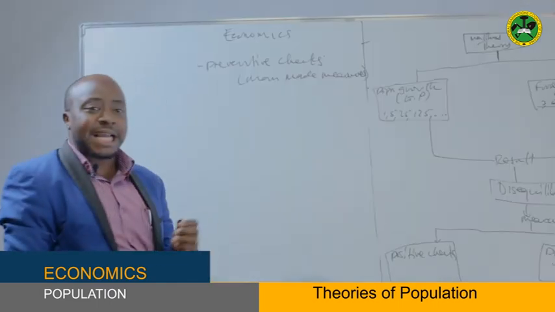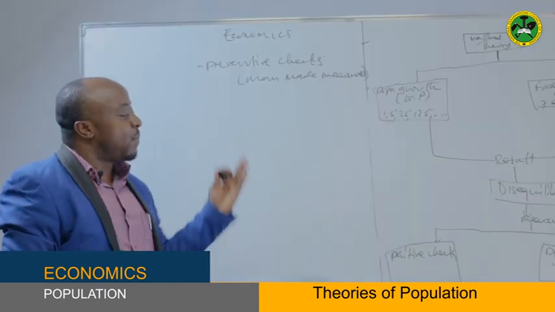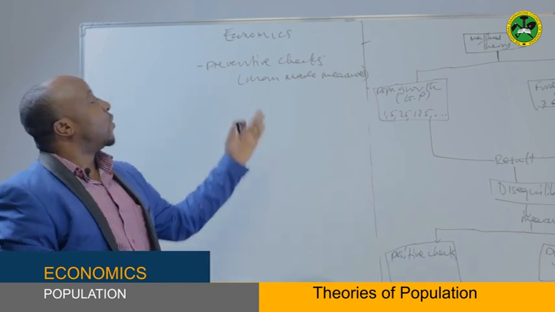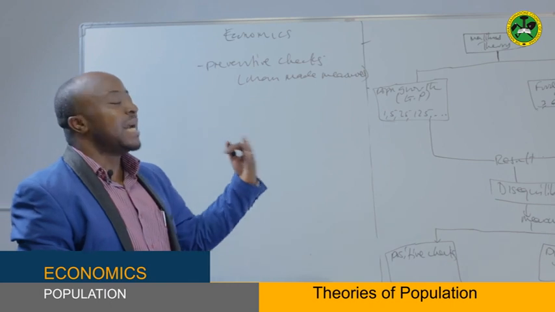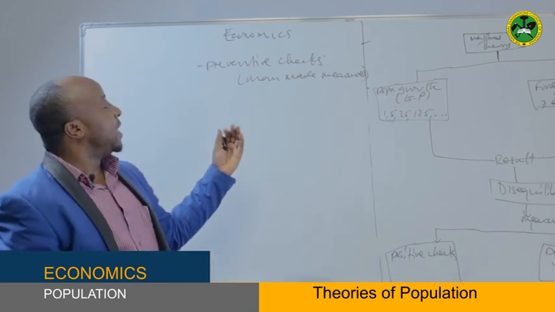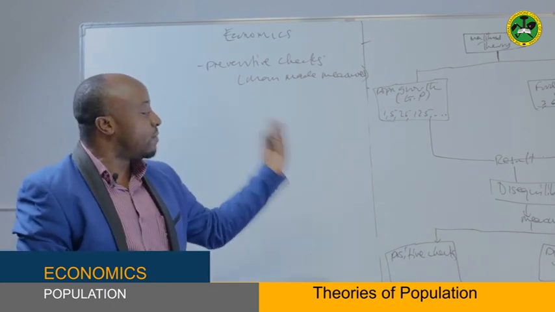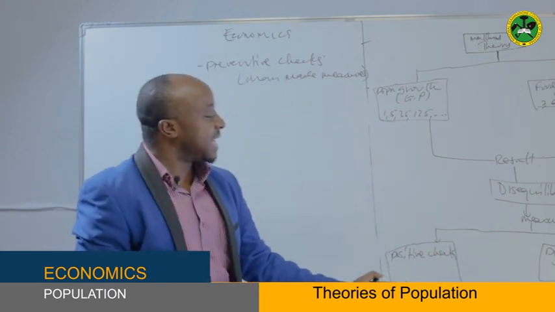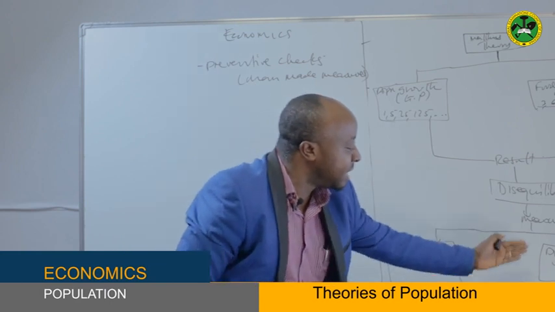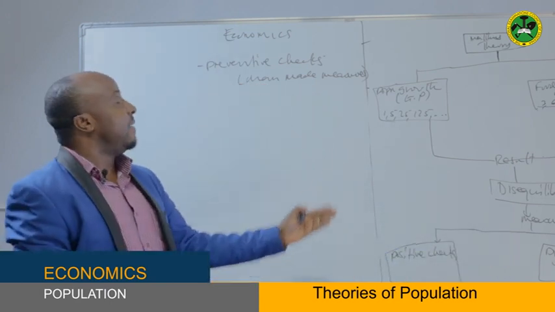They are measures taken by man to control population by controlling birth. So all measures which we think human beings have taken to reduce or control birth are called preventive measures or preventive checks. So Malthus said there must be these measures taken so that population can be controlled.